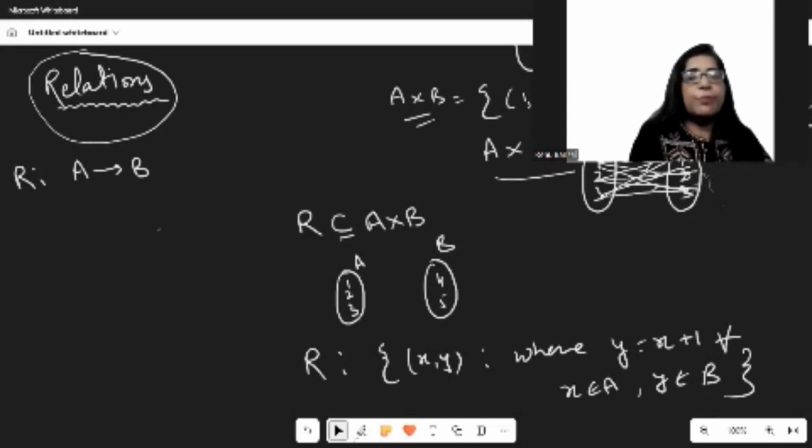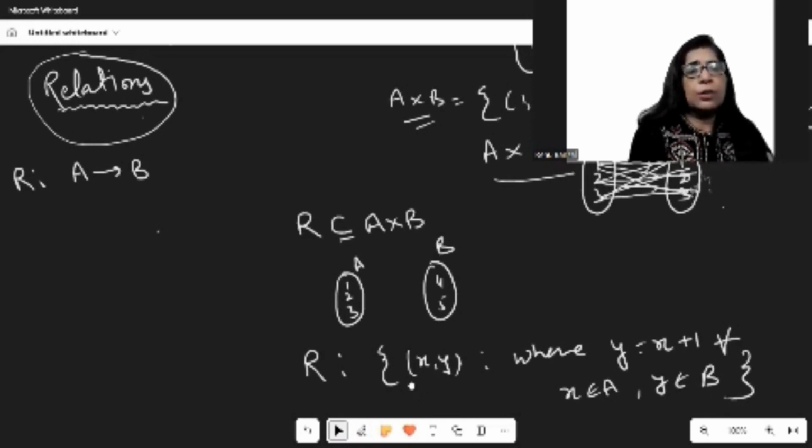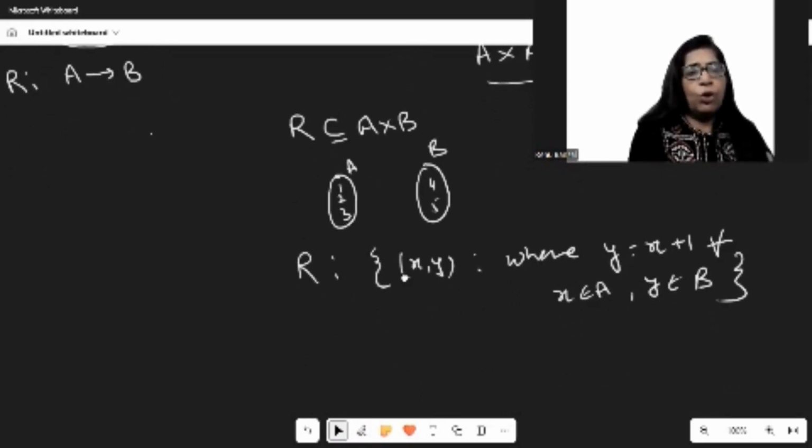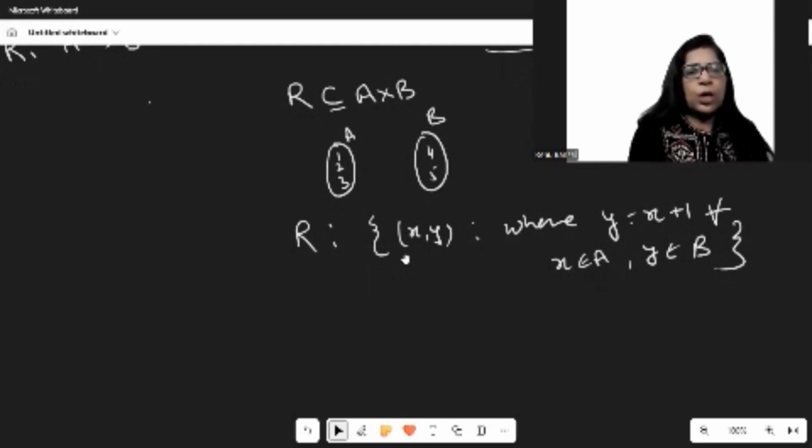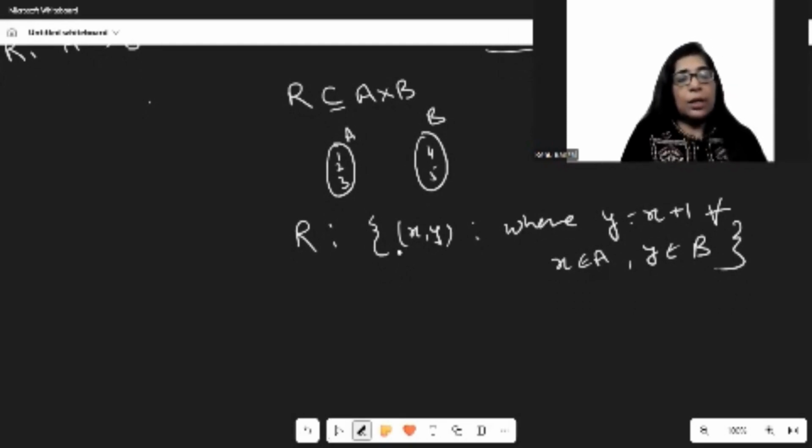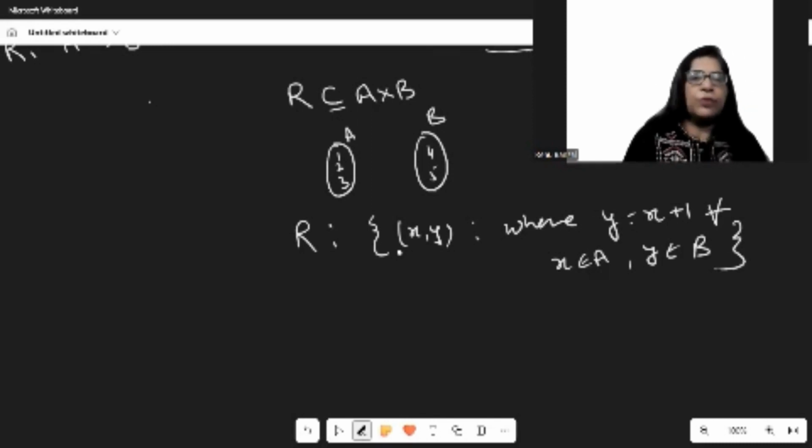This is set builder form of a relation. Now if I talk about this set builder form and I want to write it, how many ordered pairs can we include in this? So this will be y is equal to x plus 1.